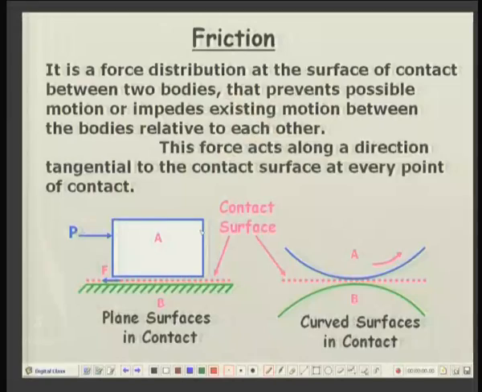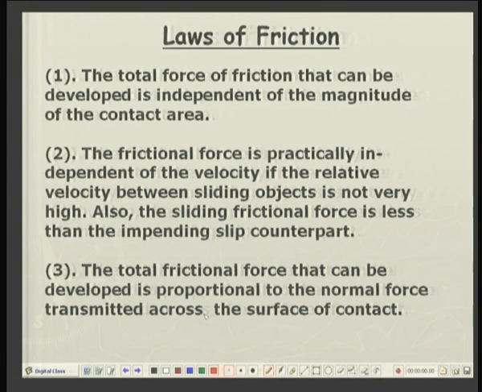In one case there was a finite area of contact between two plane surfaces A and B. In the other case, the area of contact is very small, or theoretically it is 0 area of contact, even if it may be a line contact. But it does not mean that the force of friction here will be 0. So, it is independent of the contact area; it depends on so many other factors.